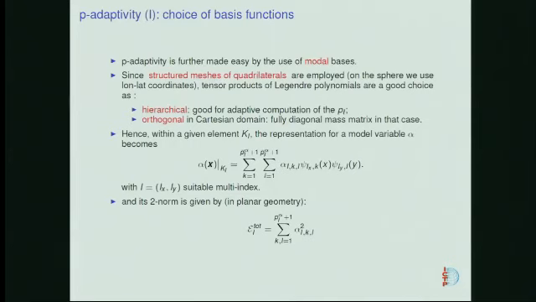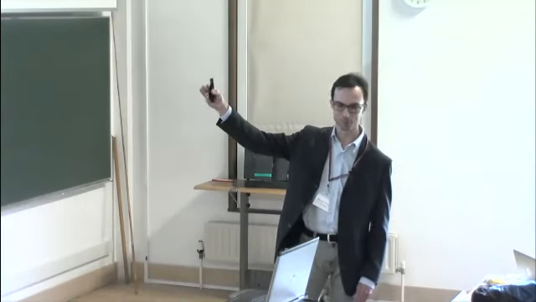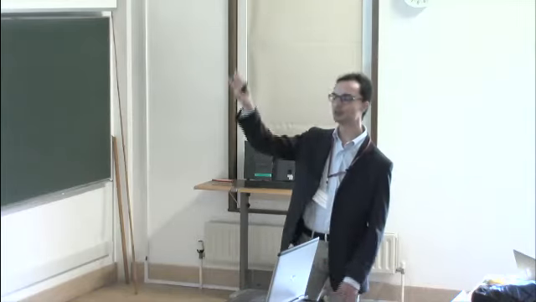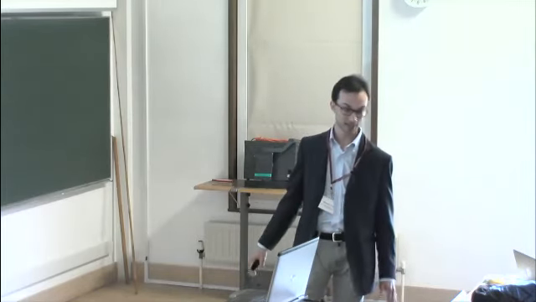They have good properties, since they give you a hierarchical basis, good for adaptivity, and at least in Cartesian geometry, they are also orthogonal. On the sphere, they are not orthogonal as you go closer and closer to the pole. But I show you, for simplicity now, the adaptivity on the Cartesian case.